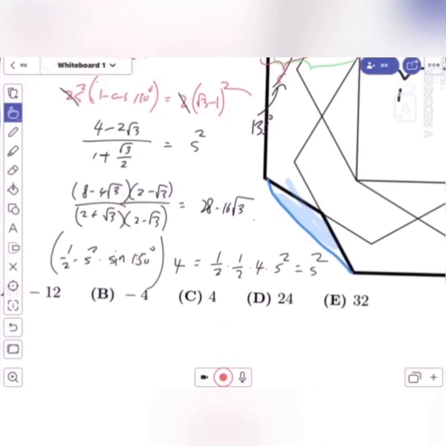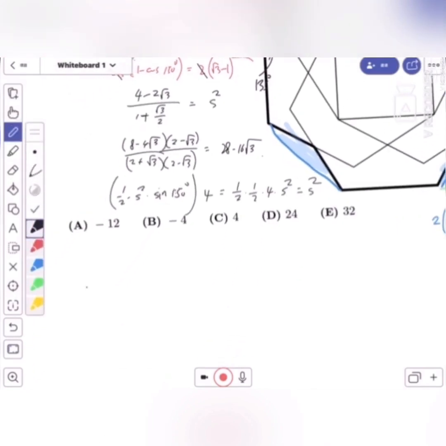So this is s squared being equal to 28 minus 16 root 3. So this is the area of the 4 triangles.